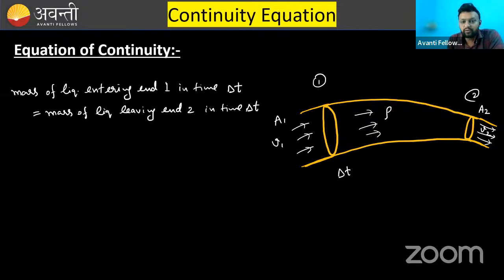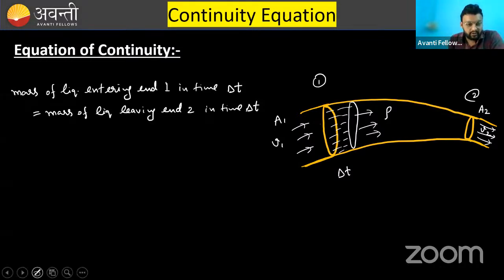Now you have to calculate the mass in delta t time. I am taking a very small delta t. Let's suppose in delta t time, the liquid entering from this end moves to this end. So the mass of the liquid will be the mass of this portion.